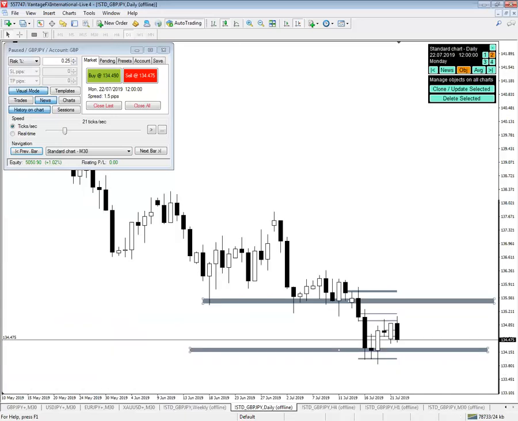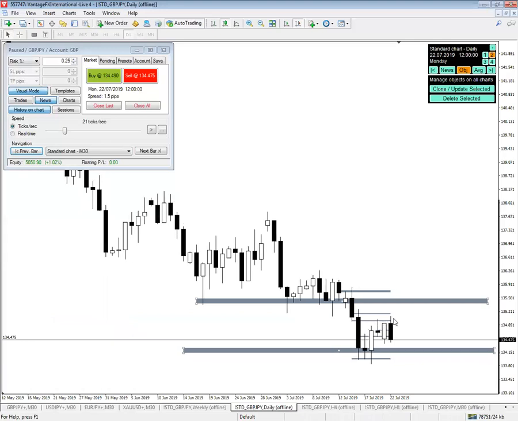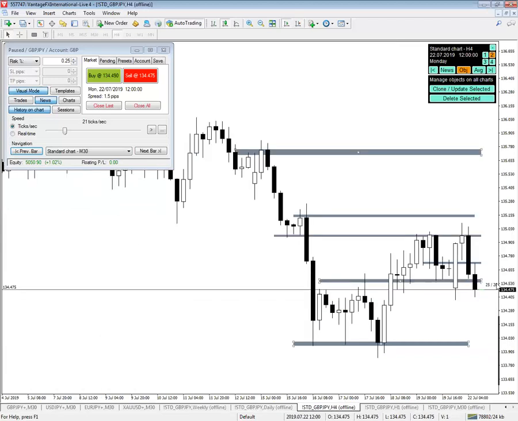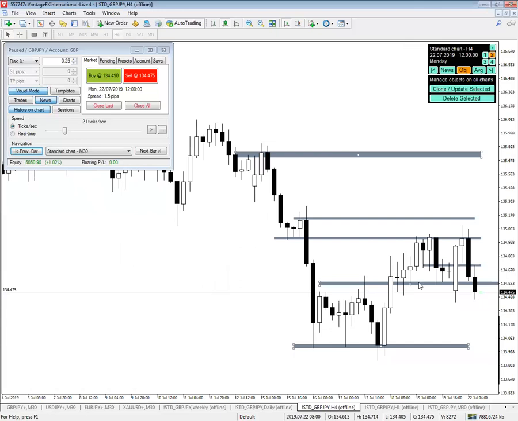Looking on the daily time frame, it looks like we're creating a resistance at this level to potentially continue moving down. 4 hour, yeah, see 4 hour closing below this level now.